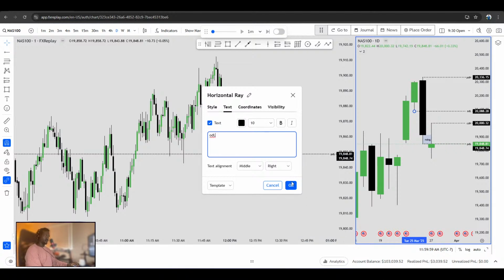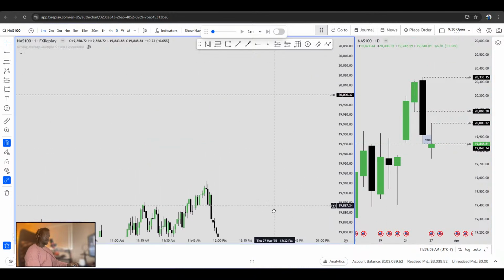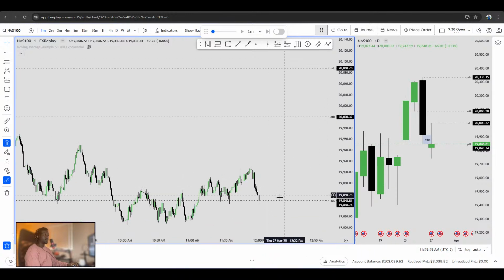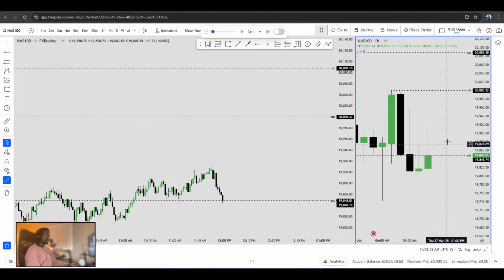That looks like a good target too, right there. Current day high. Oh no, that's too far actually. That's enough. That's the previous day low, current day high, old daily low. Okay, we do have some good targets there if we continue being bullish.